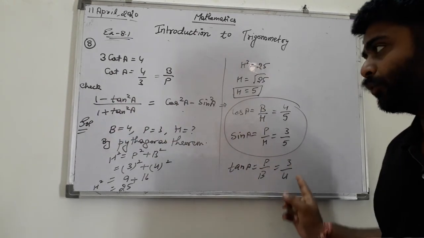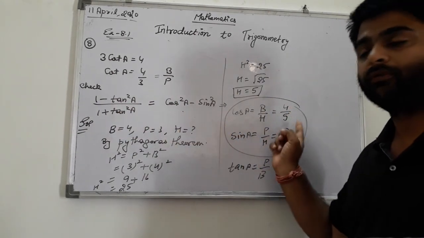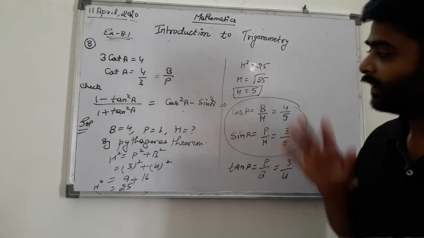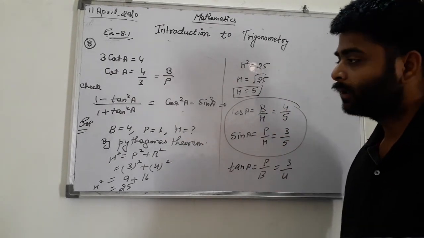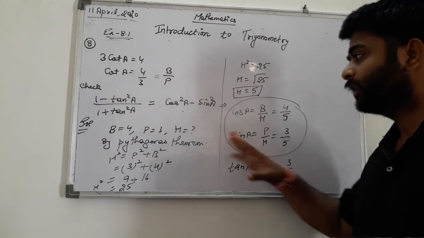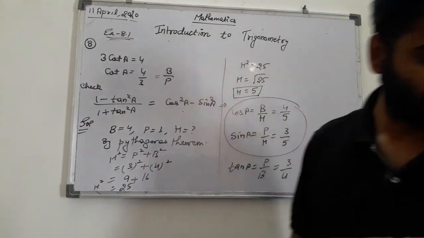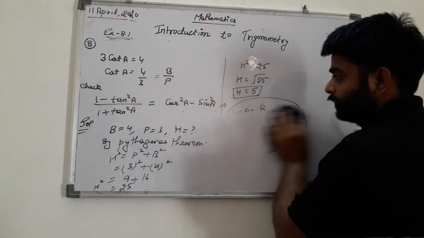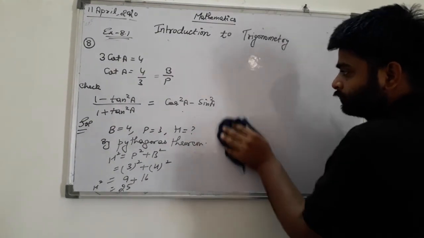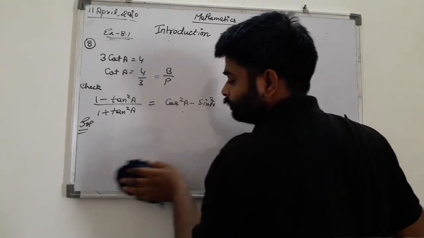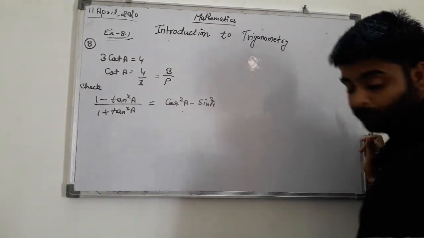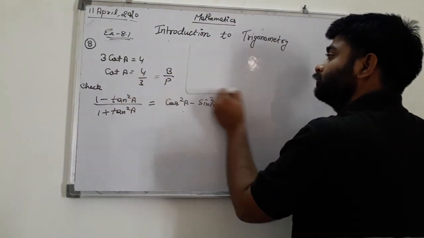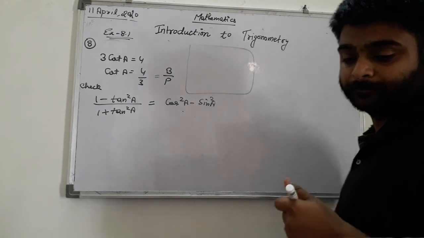Tan is 3 upon 4. Cos 4 upon 5. Sin 3 upon 5. This value we have found. Is there any problem till here? Okay, if there is no problem, then we are going with the demand of the question. Now, in this block we are writing.